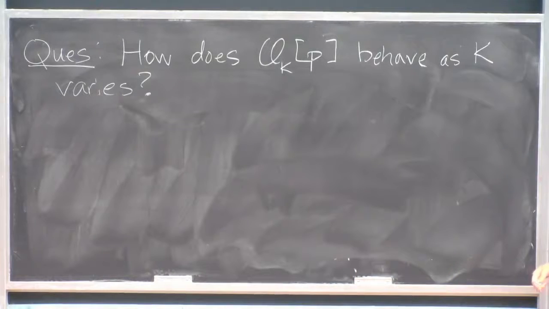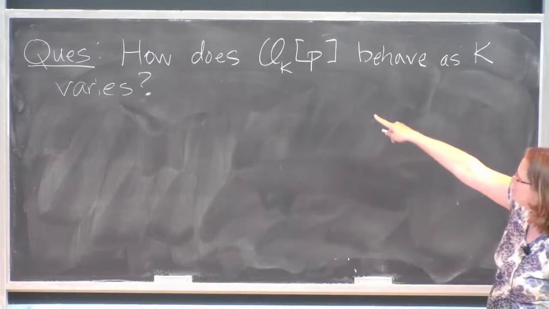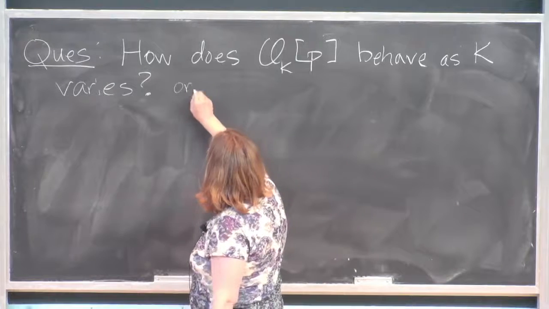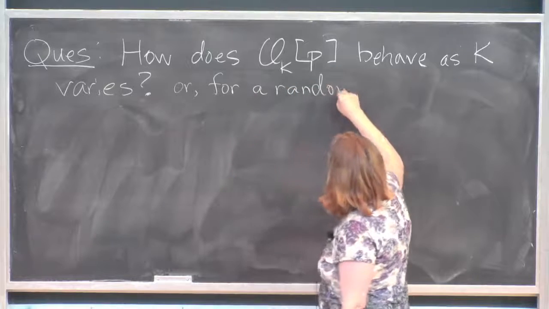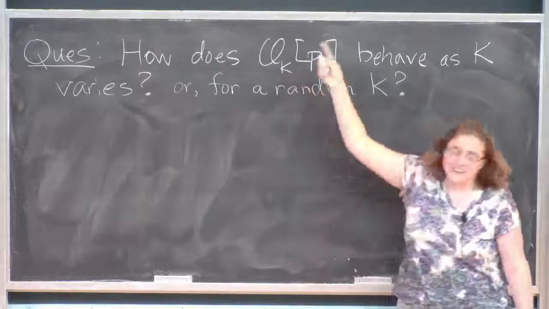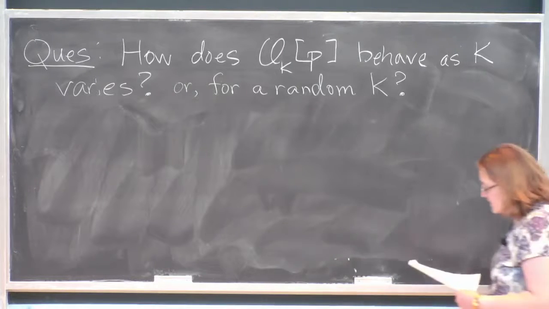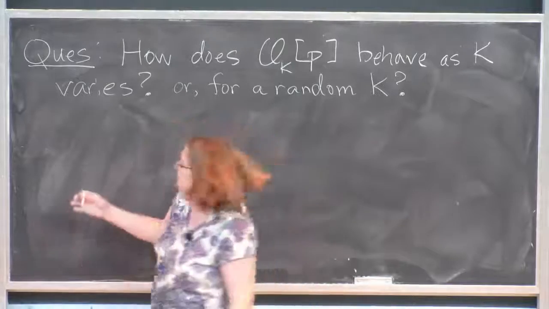And I like to actually use the language of thinking about it as a random variable which depends on a random K. So if you have some notion of a random K, then this is some random variable that depends on it. And you can ask, well, what kind of random variable is that? And you could ask, for example, what's the average size of the p-torsion?